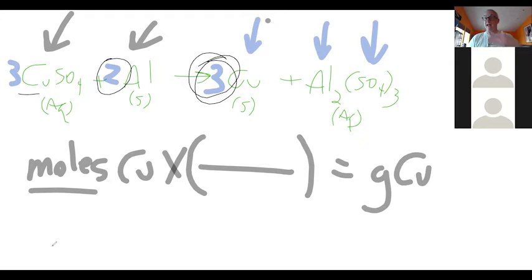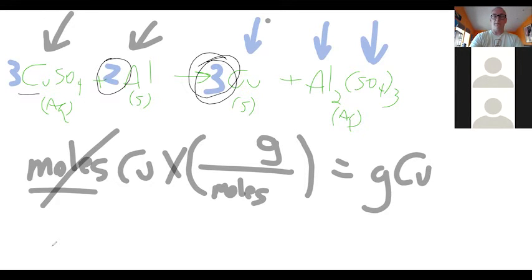Remember, now I want grams on the top, and I want to get rid of moles, so I'm going to put moles on the bottom. I'll be left with grams. So what do I put on the numerator? 63.546. That's the atomic mass of copper. So 63.55, we'll say 63.55.